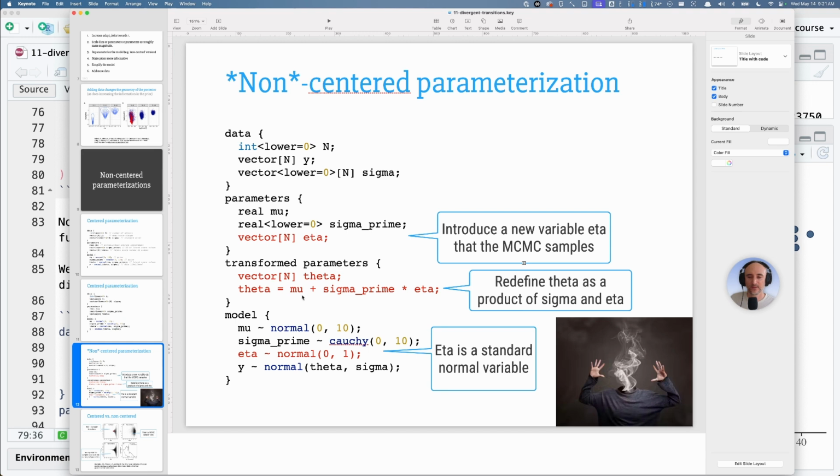Now theta is being formed as a function of a standard normal times sigma prime, because if you just multiply this 0, 1 normal variable by sigma prime, it therefore gets the spread of sigma prime. So we're creating theta as a transformed parameter, but the no U-turn sampler is actually tracking eta, sigma prime, and mu.